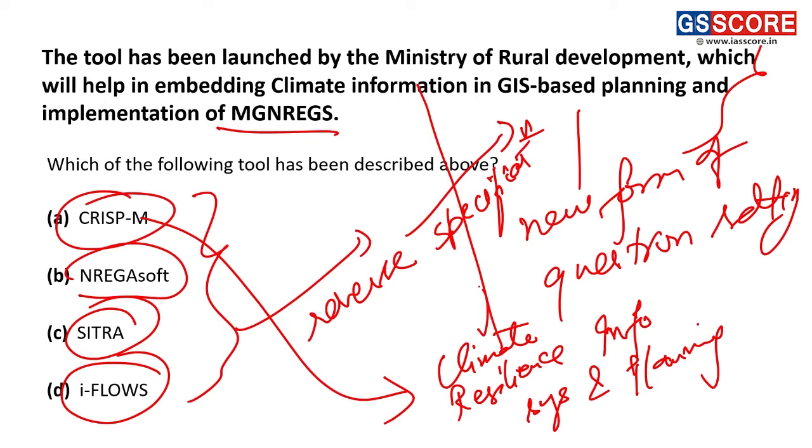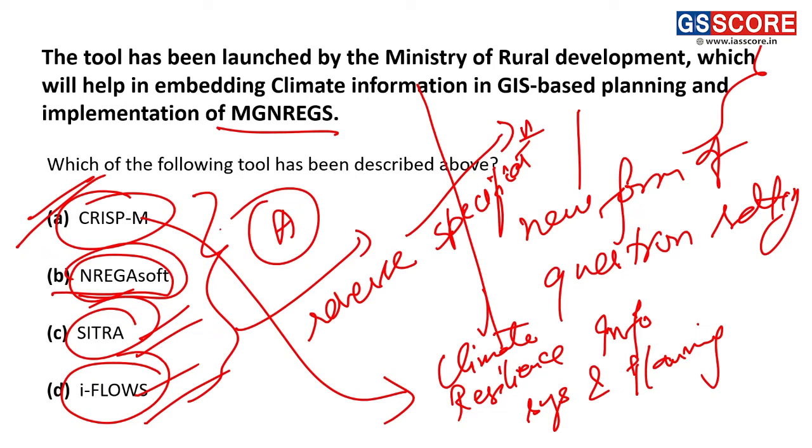Does this match? Yes, it does. NREGA Soft is related to NREGA software, Citra is for something else, and iFlows is also for something else. So we should know the specification of these tools, and the answer is very clear, option number A.